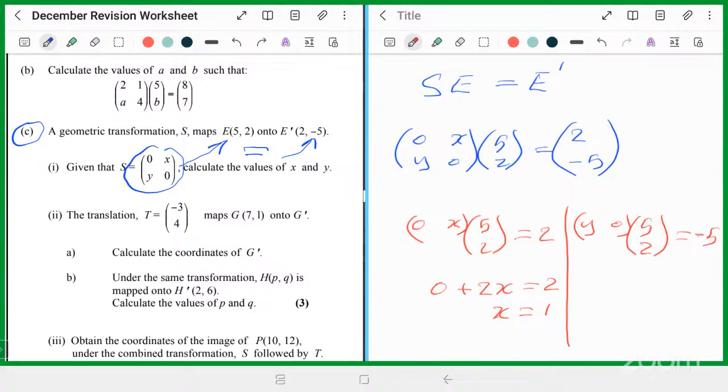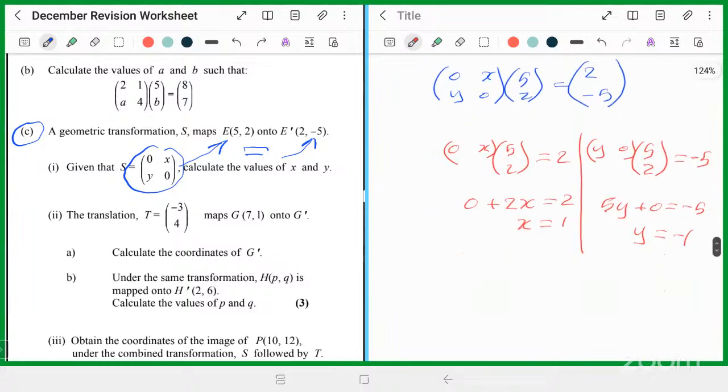You multiply them: first element times first element, second element times second element. So y times 5 is 5y, 0 times 2 is 0. That's all equal to negative 5. So if 5y equals negative 5, because the 0 becomes immaterial, then y equals negative 1.